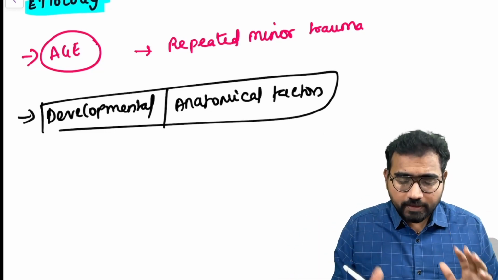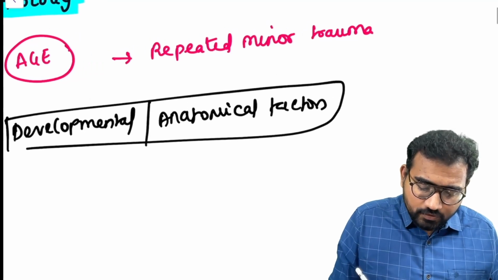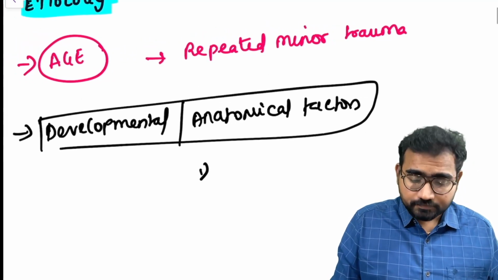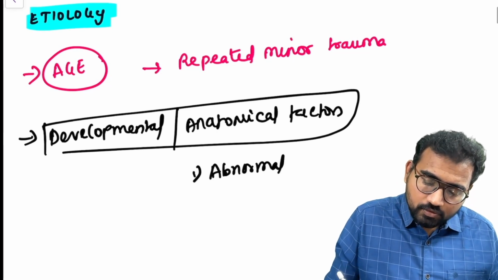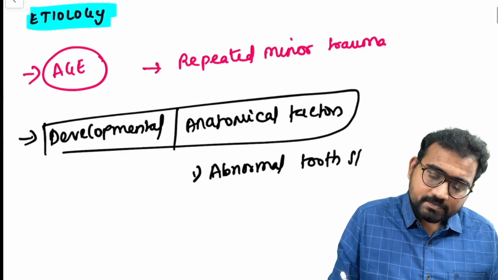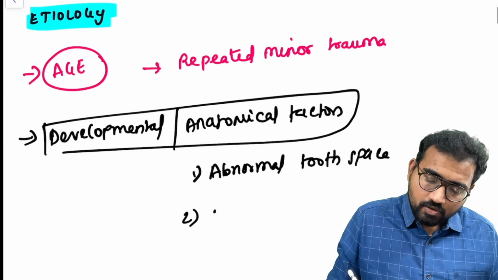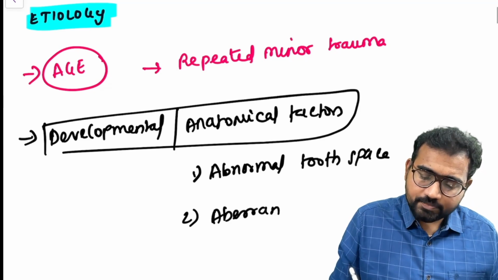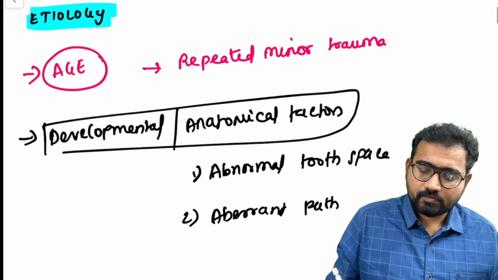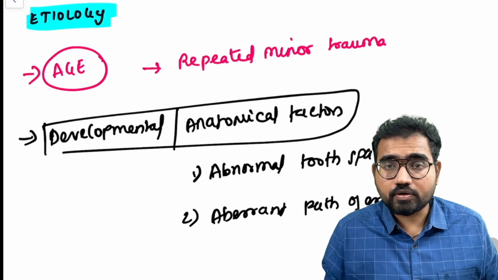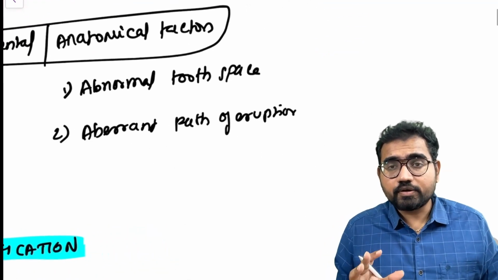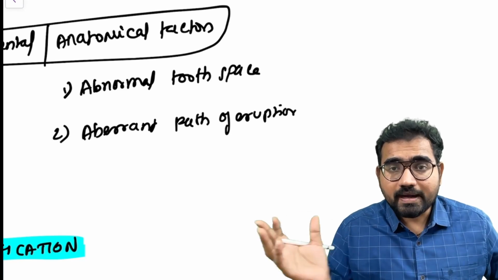The first one is abnormal tooth space, and aberrant path of eruption. The tooth does not erupt normally, it moves buccally or palatally.